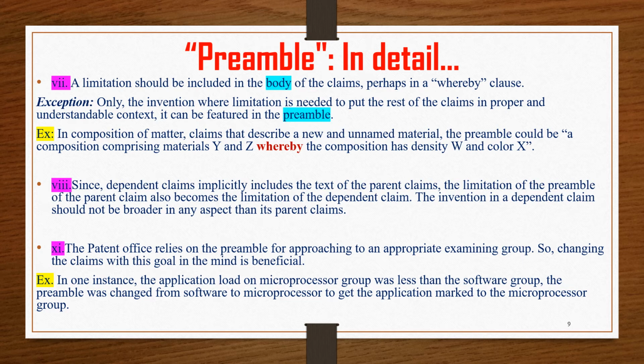So the preamble was changed from software to microprocessor to get the application marked to the microprocessor group to make it easier. Nothing else. Fine. I hope it is clear now.